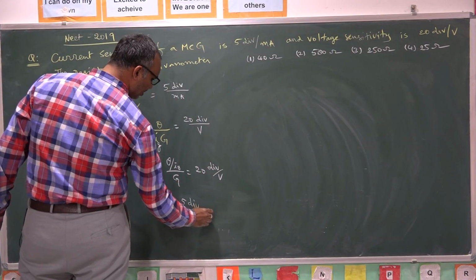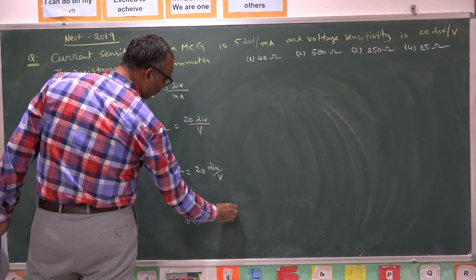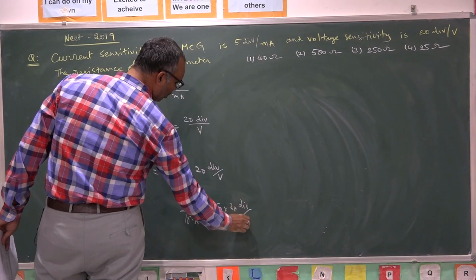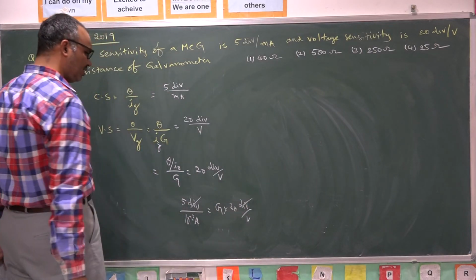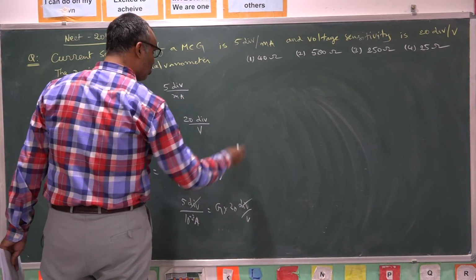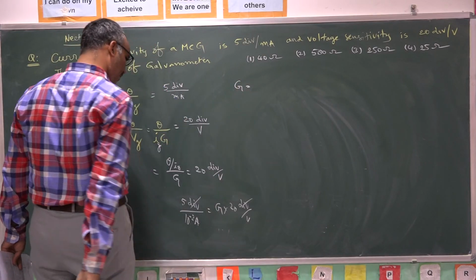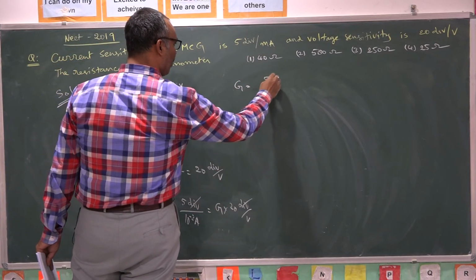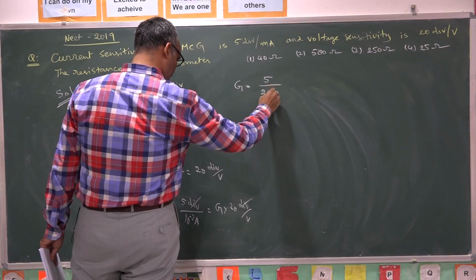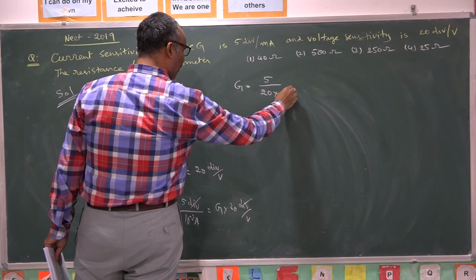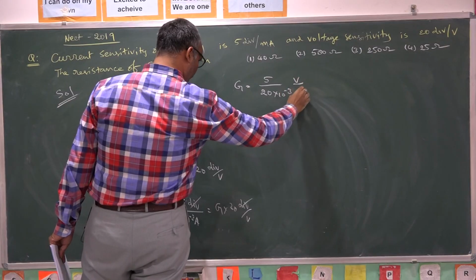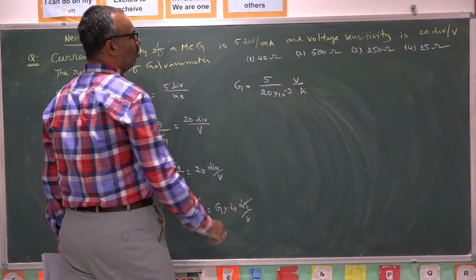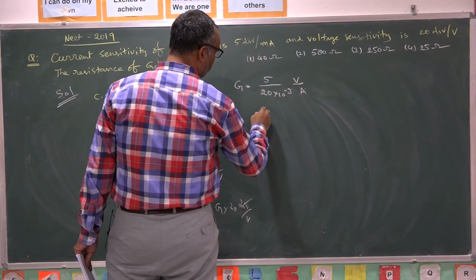That G you take that side, G into 20 divisions per volt. Division gets cancelled. Then G is equal to 5 by 20 into 10 power minus 3 volt per ampere. Volt per ampere is called ohm.